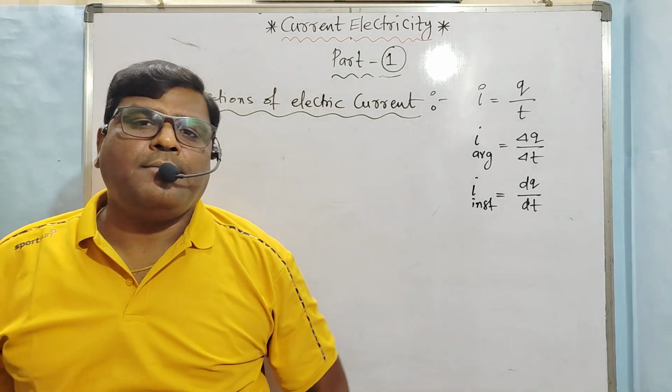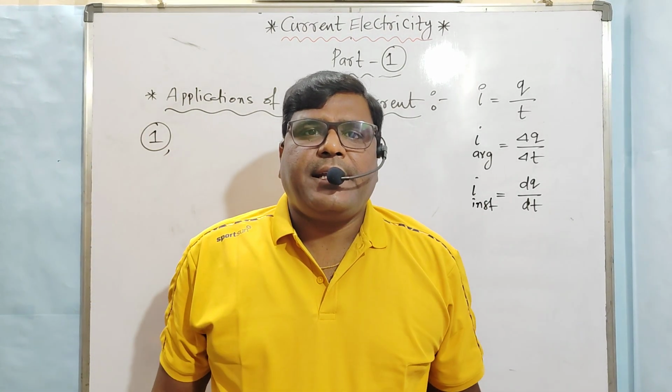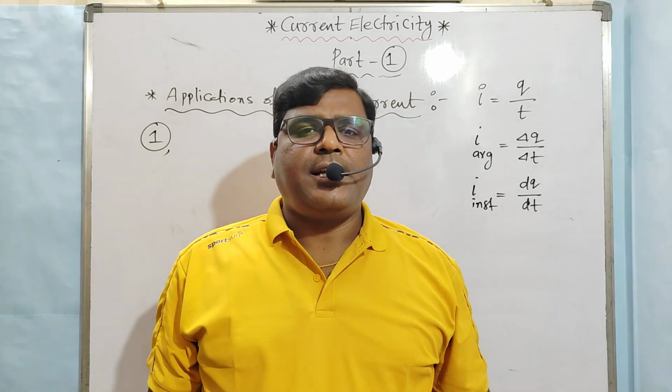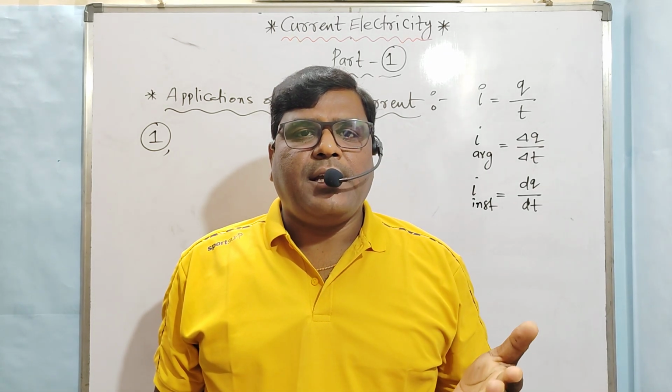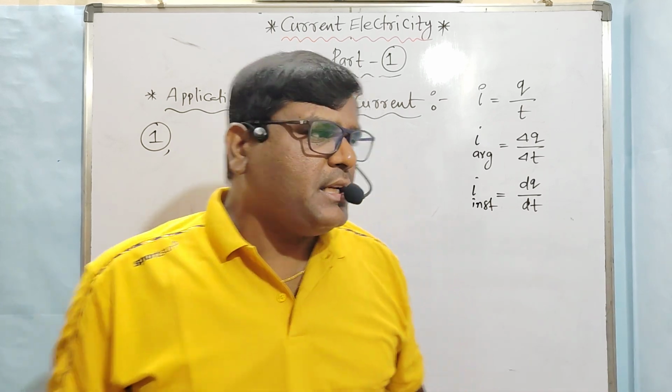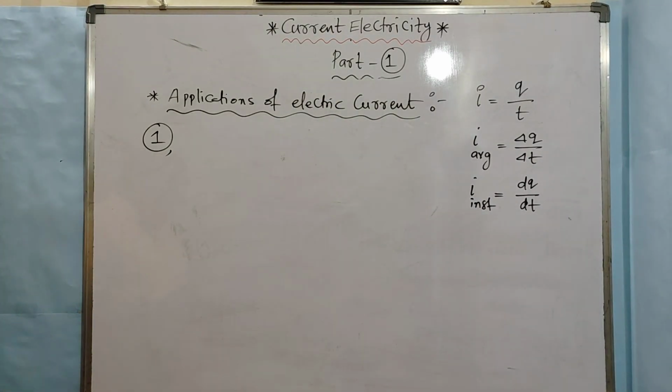See, for example, a charge is flowing through the conductor from t1 seconds to t2 seconds. So how can we define the current here?